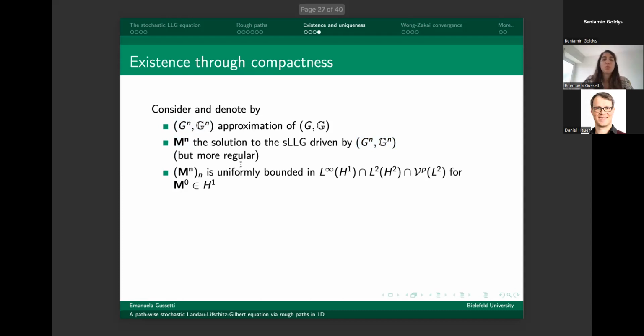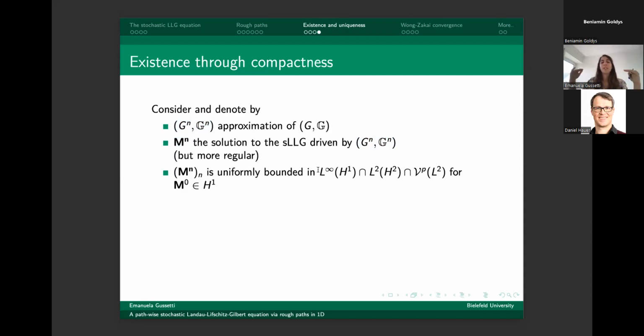And then what we want to do is bound it uniformly in some space. In this case, from the zero level, we just get that the solution is in L infinity, so we don't get more.